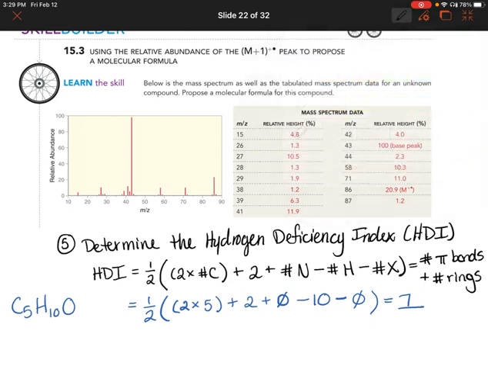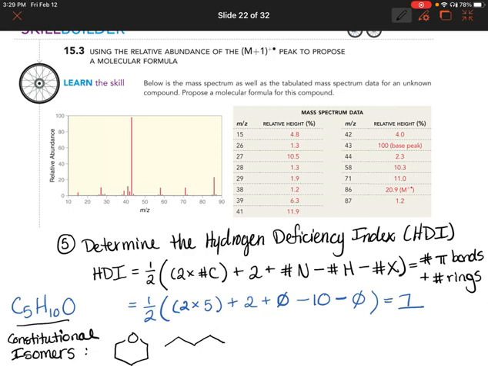So let's draw some possible structures for our molecule. These will all be constitutional isomers, so we're not going to worry about enantiomers. If we had a ring in our molecule, we might have something like this. We have 5 carbons, 1 oxygen, and if you count the hydrogens, we should have 10 around the ring. Maybe we just have a 5-carbon chain with a ketone.